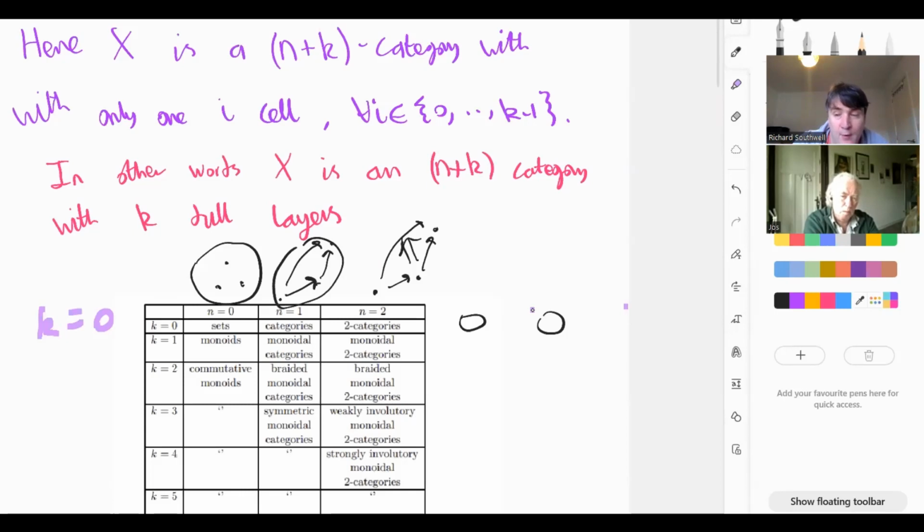Now, the question is, what's k? I've just told you about this k equals 0 situation. What k is, is the number of dull layers. When I say a dull layer, I mean it's a layer where we only have a single thing. So you remember before, in the last example, we only had a single zero cell, which was this star.